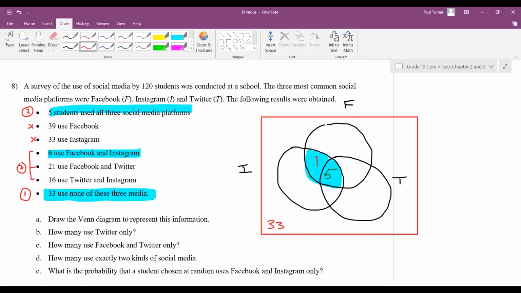So X will be Twitter only. This is the one that's missing here. So put X there. Did anyone get an answer for X yet? See if you can calculate that.